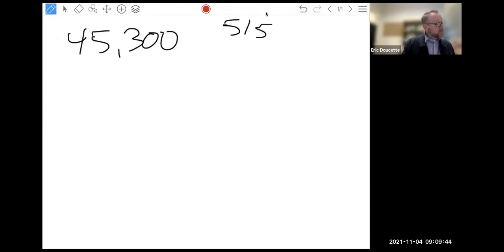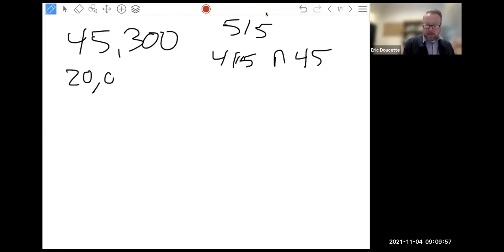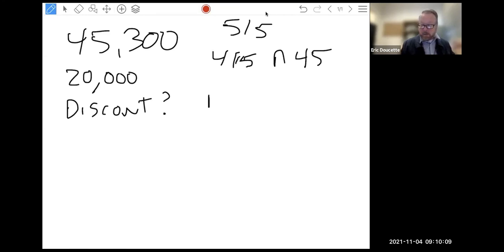And if Spalding allows 4/15, N45 terms, the question is, if a $20,000 payment is made before the discount date or on the discount date, how much credit will be given? So how much of a discount are they going to get? And then what is the net amount due?